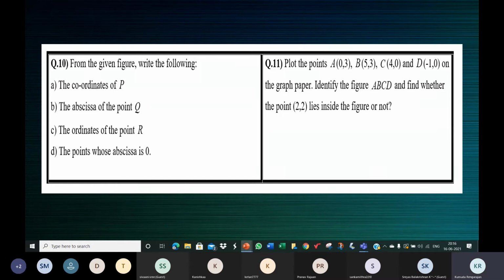Is it a square or a rectangle? Not both, ma'am. Not a square, not a rectangle. Parallelogram. If it is a square or a rectangle, I'll not ask you why. If it's a parallelogram, or if it is not a square or a rectangle, then you have to justify.